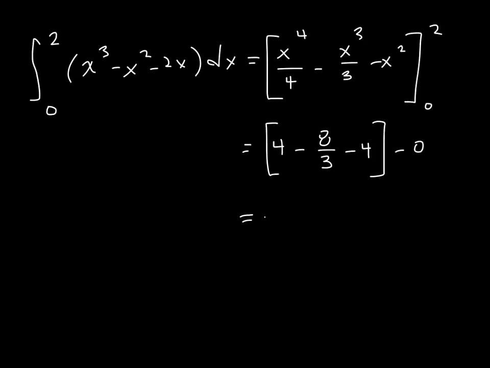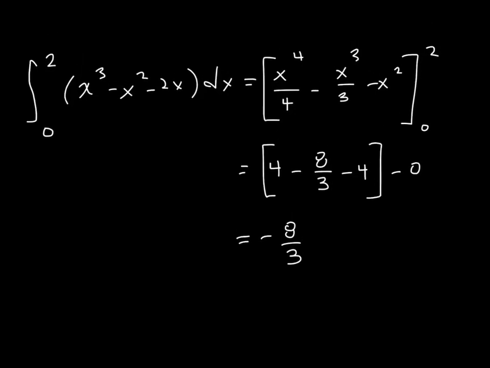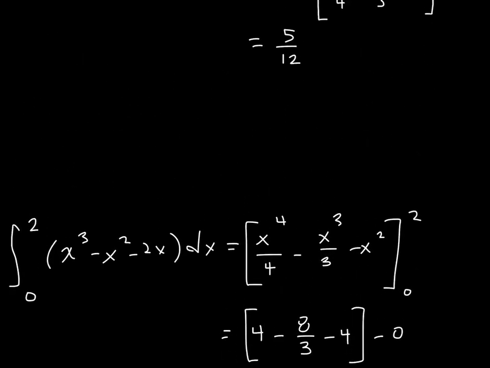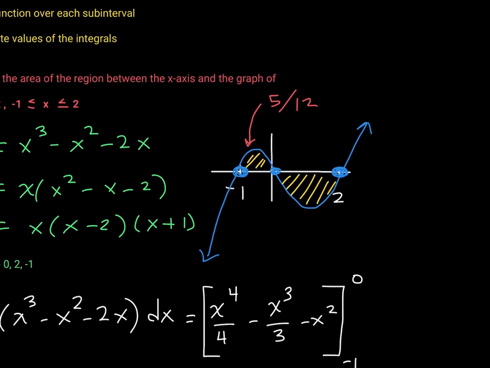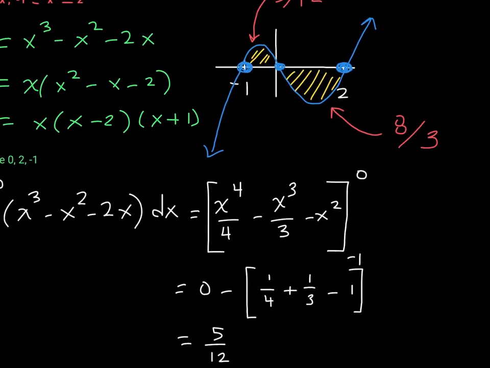So this is going to be -8/3. Now, we know that area must be non-negative. Let me go to our picture really quick. We got -8/3, but we know area is non-negative. So we're going to say the area of that region is +8/3, the absolute value of -8/3, because area is always non-negative.